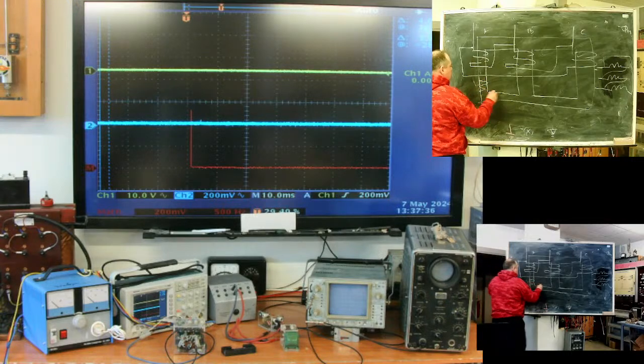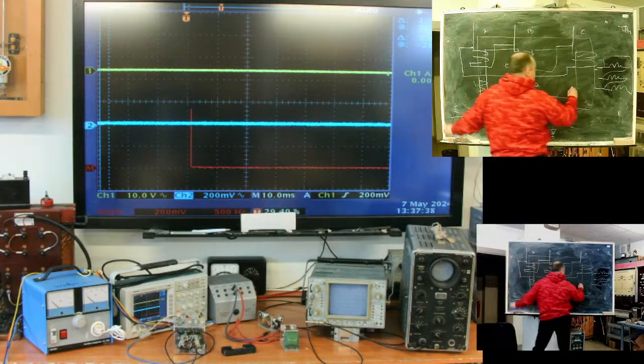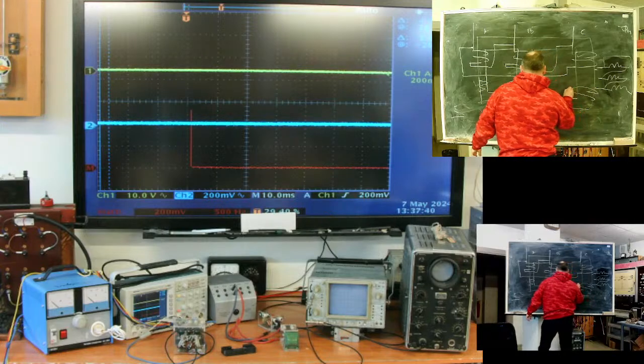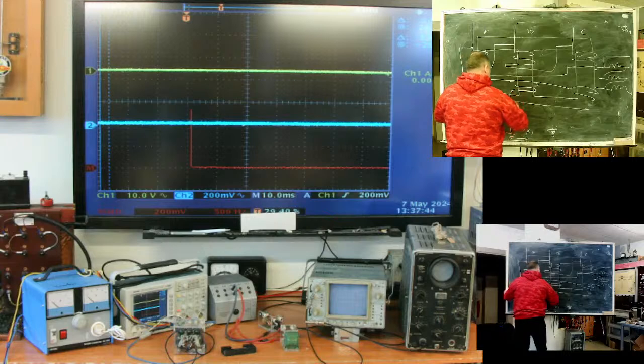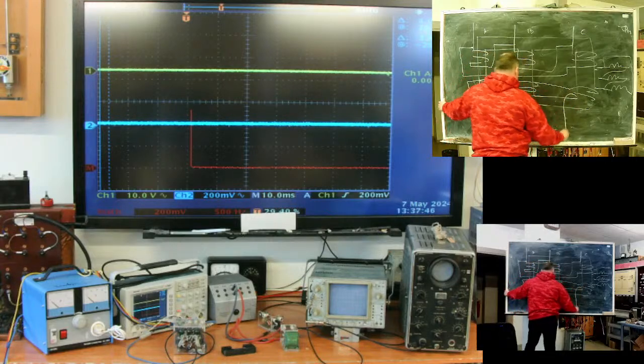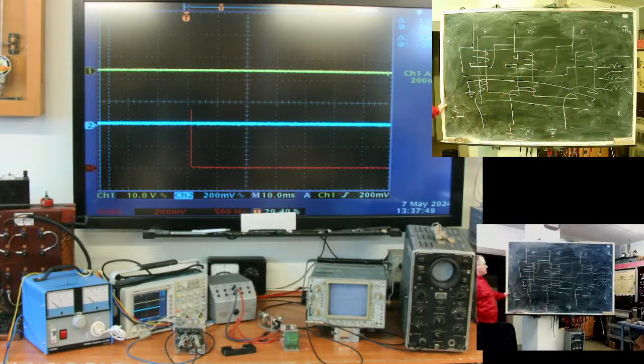On the secondary side, we will have a star connection with grounded center. And what about the primary delta?